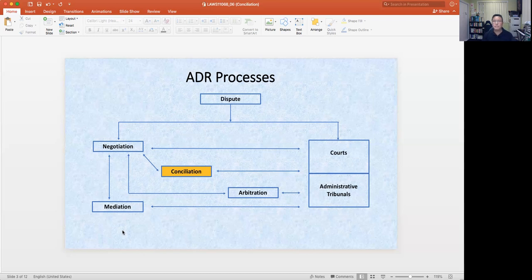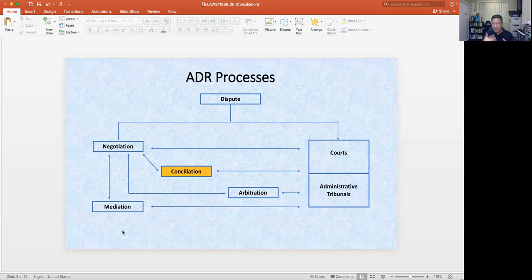In more common terms, or in our common experience, when we were younger, and sometimes we'd end up having fights or disagreements with our siblings, we would ask our parent or probably an older sibling to mediate. The parent in that case, because the parent or the older sibling is meant to be objective and impartial, just tries to get the parties to reach an agreement.